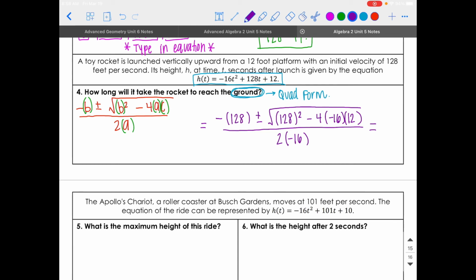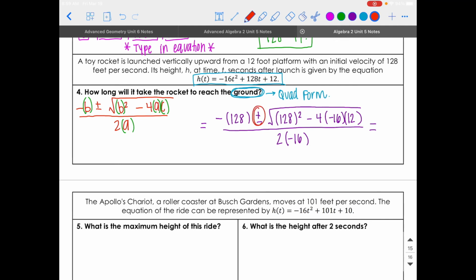All right, so in your calculator, remember, alpha y equals will give you your fraction. And then we're going to type it in exactly as it looks. I didn't write in any times buttons. We're going to use the parentheses just like it is. Negative parentheses 128. We have to do a plus first.